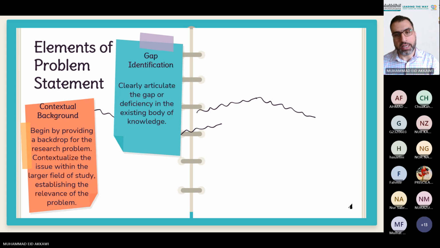If we already know, for example, the prevalence, the average waiting time, the impact of waiting time, the perception of patients about waiting time, the opinion of the practitioners about this waiting time, and the long-term impact on their health and quality of life, and all these questions have been answered, what are you going to do now? That's why you need to clearly identify what is missing.